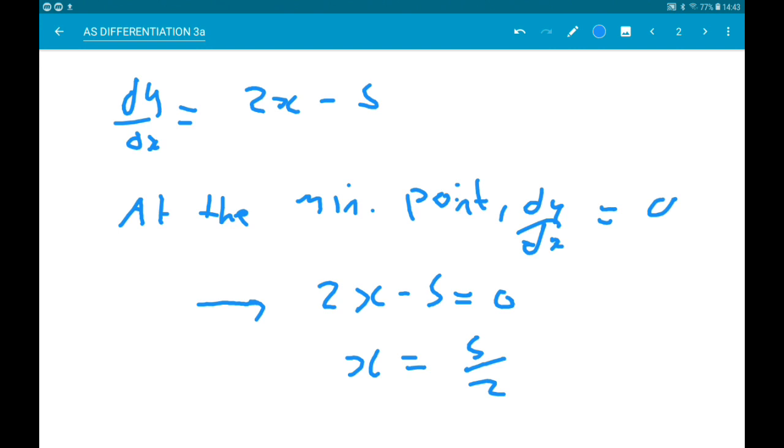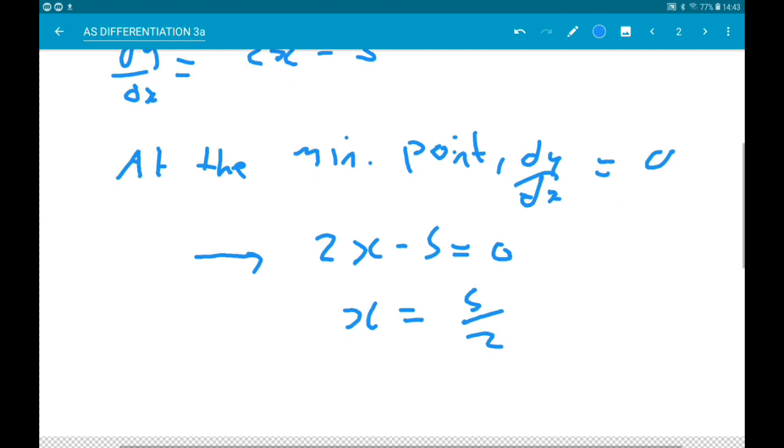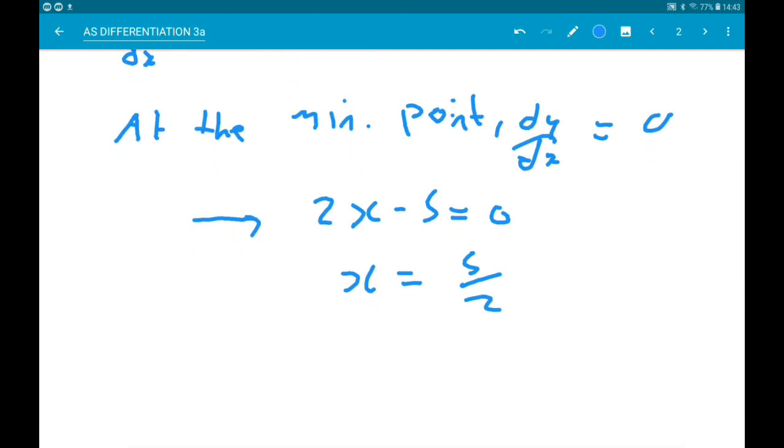Now we need to find the y coordinate, so we sub that into the original equation.